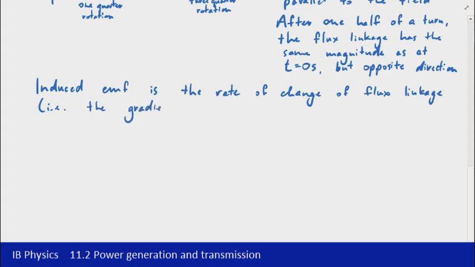We're looking now for the gradient of the graph, or the N delta phi versus t graph, keeping in mind that it's the negative as well. So sorry, just to be a pain, I should have mentioned that already. So the EMF is the negative rate of change of the flux linkage.